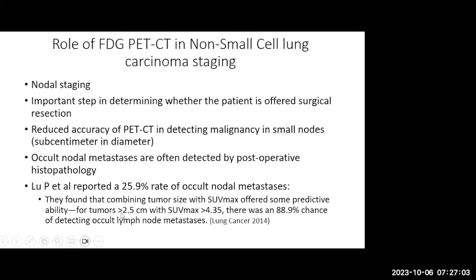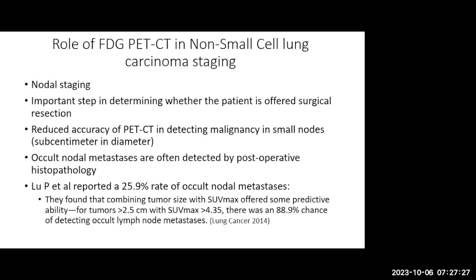For example, tumors greater than 2.5 cm with SUV max of greater than 4.35 had an 89% chance of occult lymph node metastasis. Of course, the bigger the tumor and the higher the uptake, the higher the probability of finding metastatic disease in a particular patient.